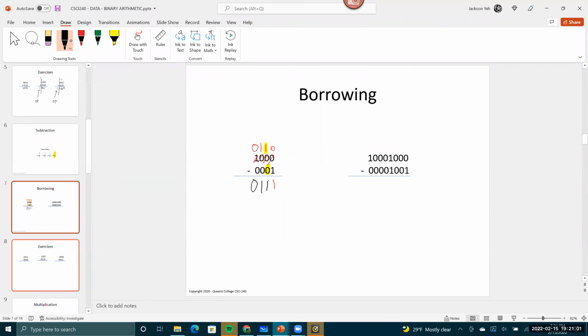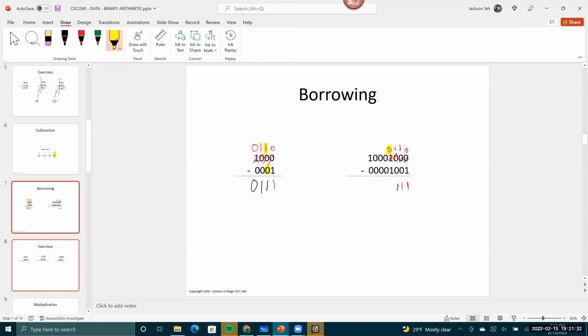So next example here. This is an example where you're borrowing twice. So how does this work? It does the first column and realizes 0 minus 1, I need to borrow. So what it's going to do, it's going to look and see I can borrow from over here. So this becomes 0, this becomes 1, this becomes 1, and this becomes 2. So 2 minus 1 is 1, 1 minus 0 is 1, 1 minus 0 is 1, and now I have the same problem again.